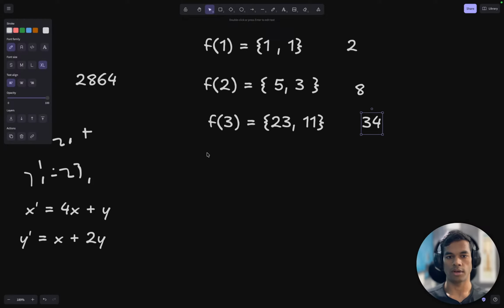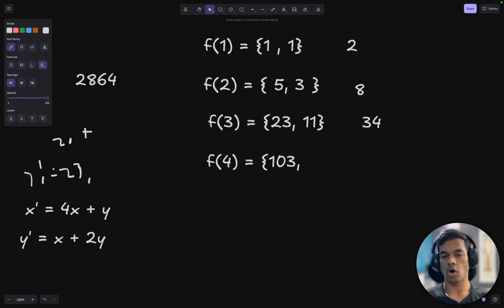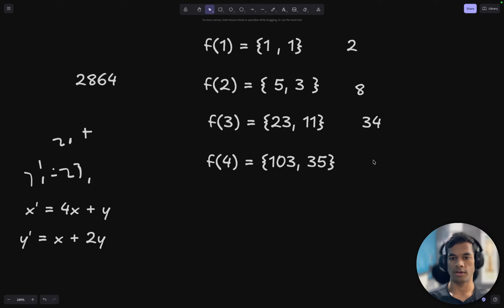Okay, and then F4 equals times 4, 80, 92 plus 11, 103, comma 22 plus 23, which what is 22 plus 23? 34. That is a coincidence, I would say. That is not, because this is wrong. It is 35, right? 22 plus 23 is 35. My bad. Now it is correct.